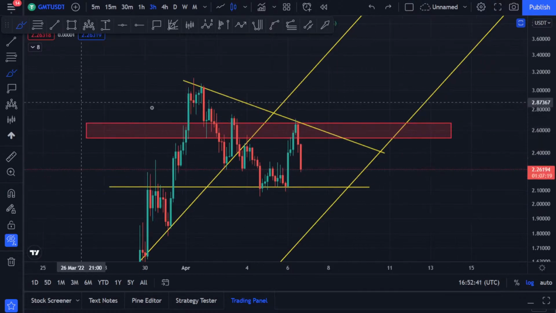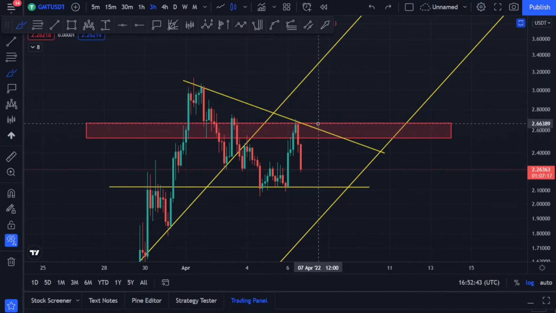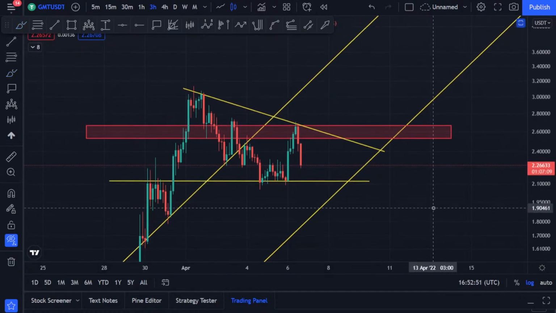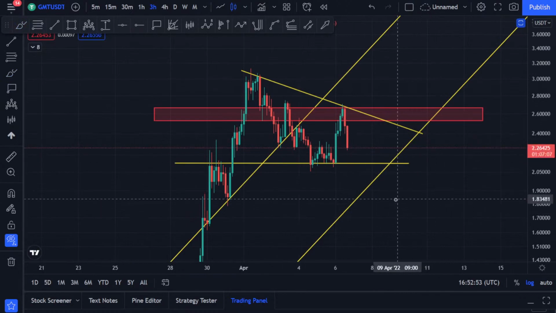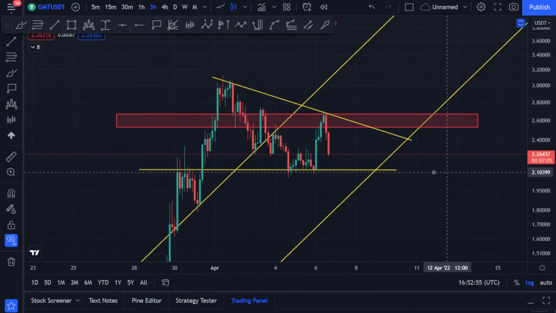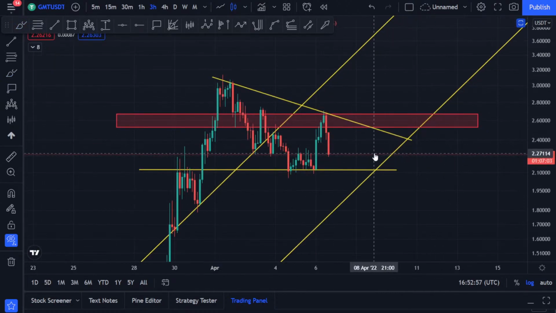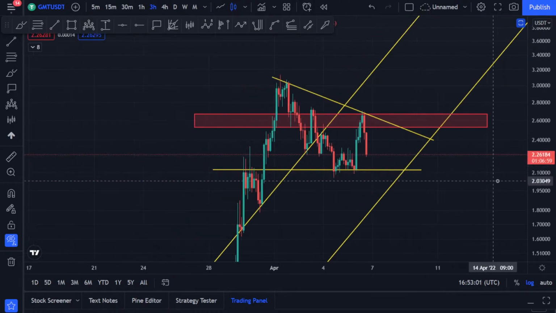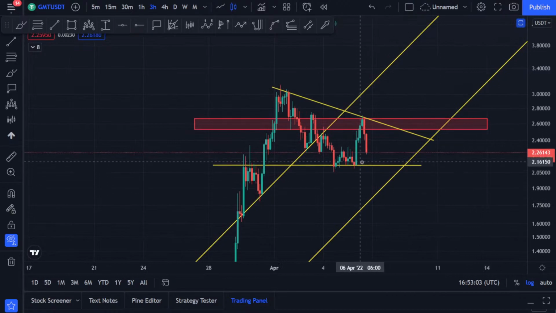Now you can see this red box is basically a box of 0.618 level. And with this pattern over here, descending triangles can break towards the upside and downside, so it's all up to the formation.